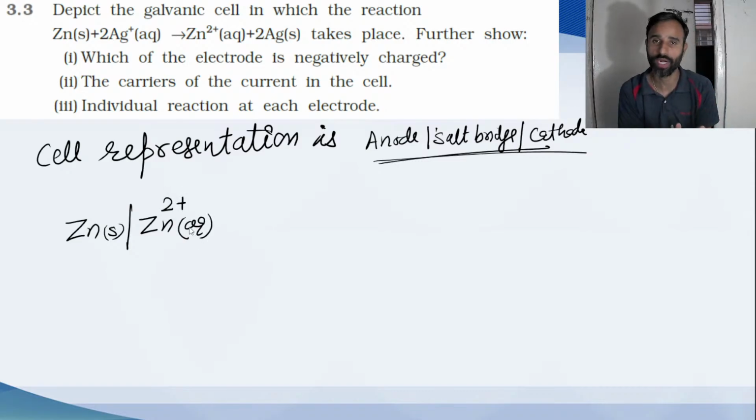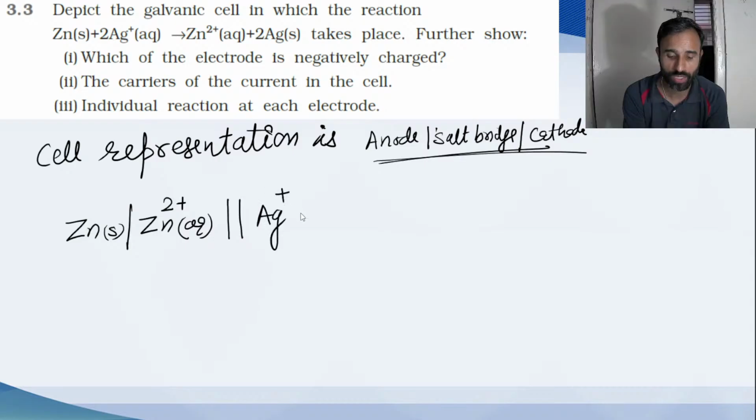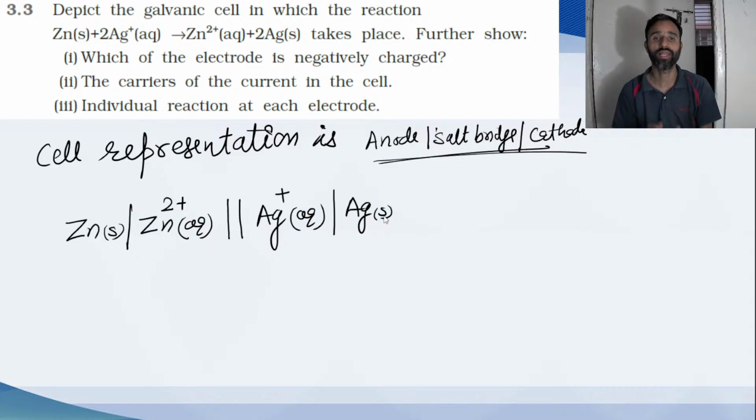That is the anodic part, anodic half cell, oxidation half cell, then double vertical line that represents the salt bridge. Then the cathode part, Ag plus aqueous to Ag solid. So this is the cell representation of the given galvanic cell.